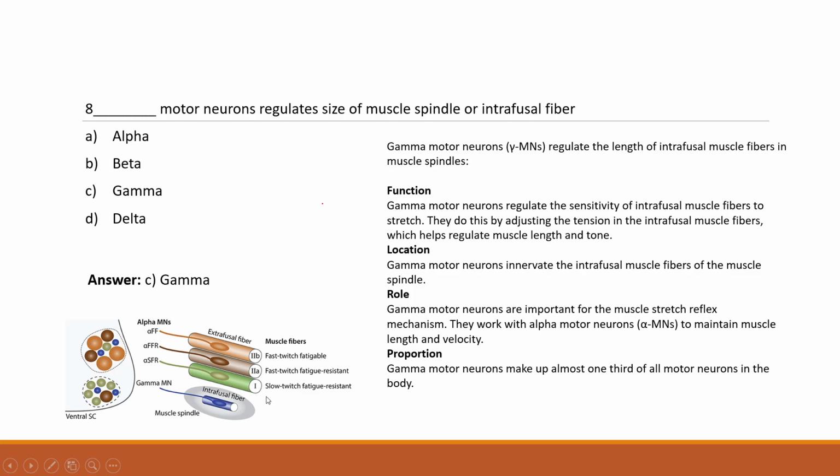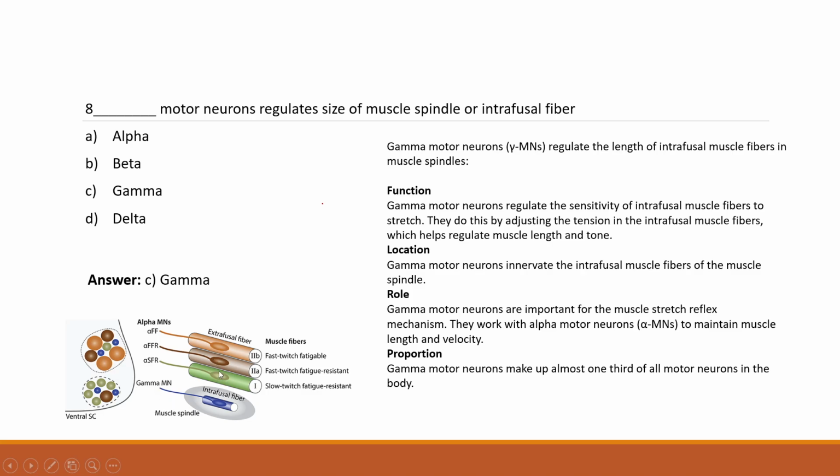So your alpha 1 is your slow twitch fatigue resistant, and then your 2A is for your fast twitch fatigue resistant, and 2B is for the fast twitch fatigable. So your 2A and 2B are more similar. They are for your fast twitch response, and then your 1 is for your slow twitch fatigue resistant.